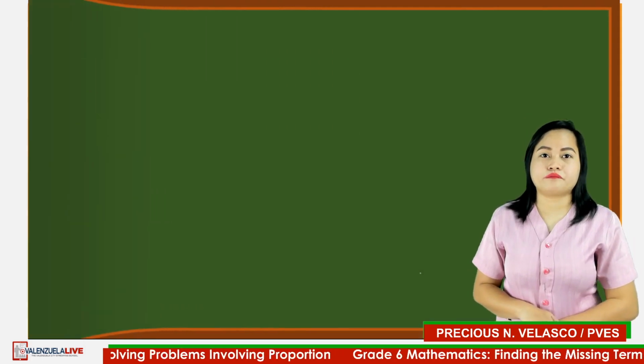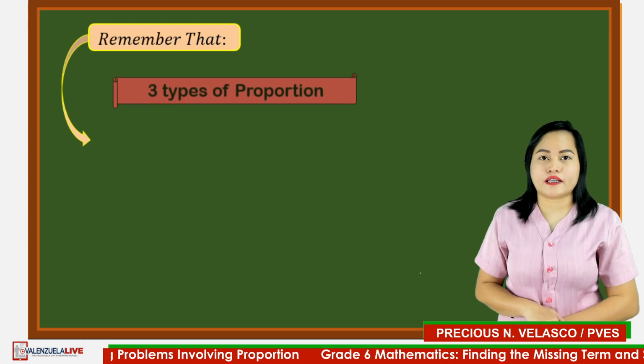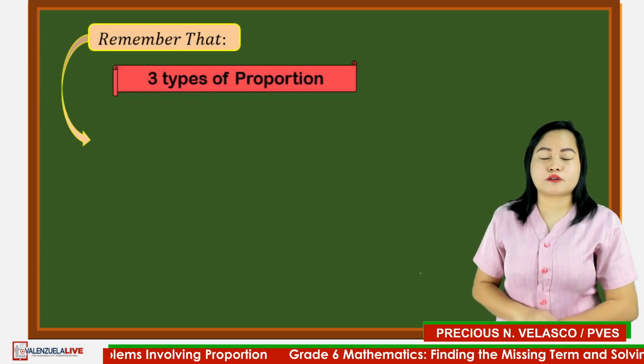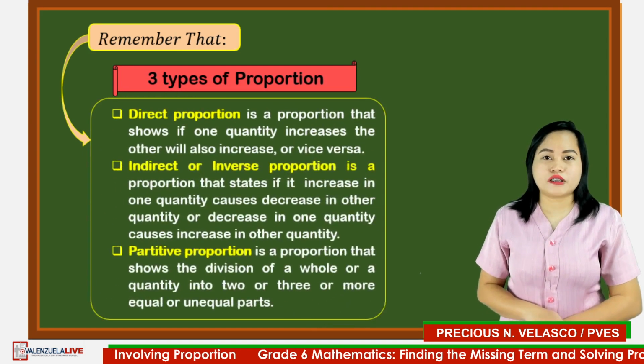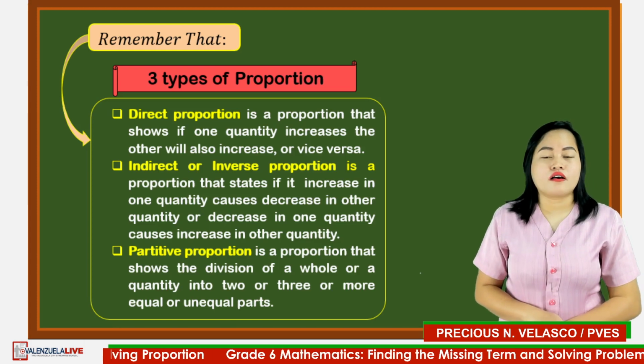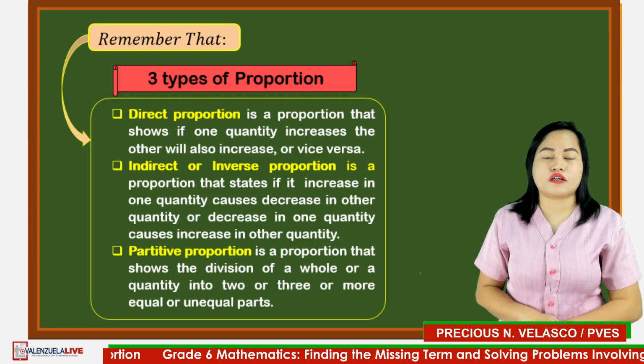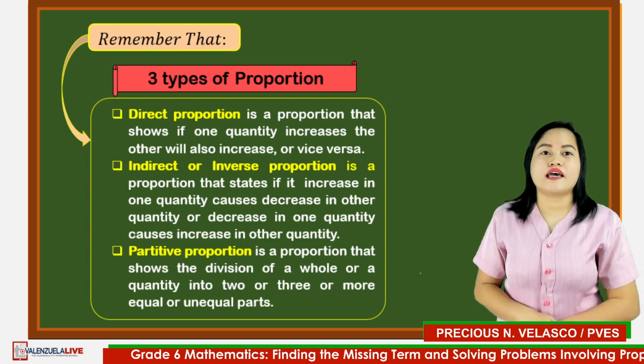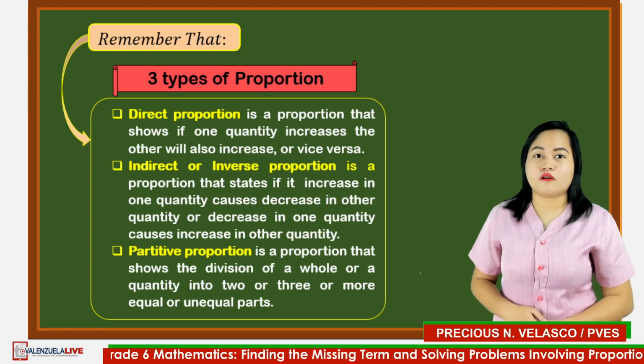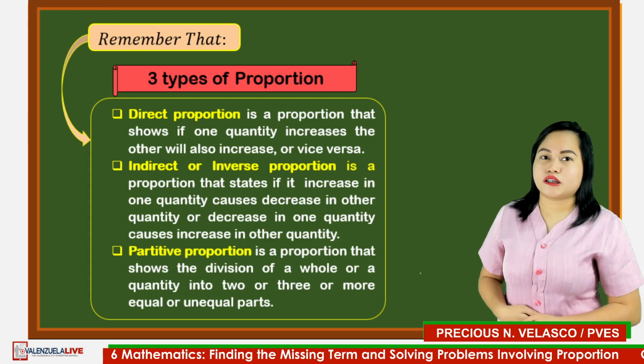And also, remember that we have 3 types of proportion. So the first one is direct proportion, which states that it's a proportion that shows if one quantity increases, the other will also increase or vice versa.